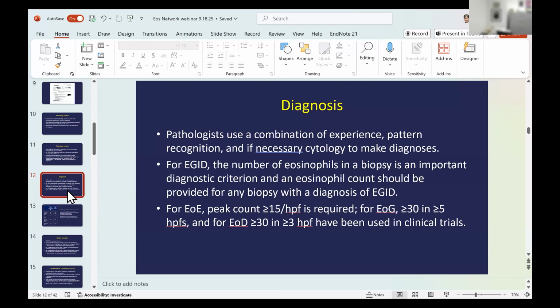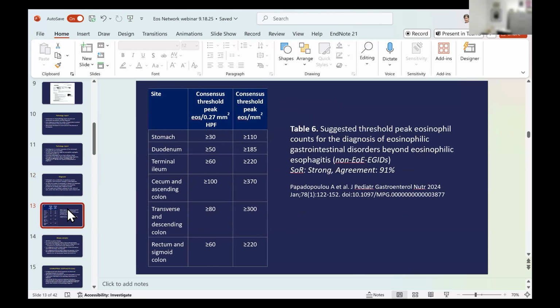Hopefully we'll have better metrics in the future, but for eosinophilic gastritis, greater than or equal to 30 eosinophils in at least 5 high power fields, and for eosinophilic duodenitis, greater than or equal to 30 in 3 high power fields, have been used in clinical trials, but what's being used in clinical practice is really 1 high power field.